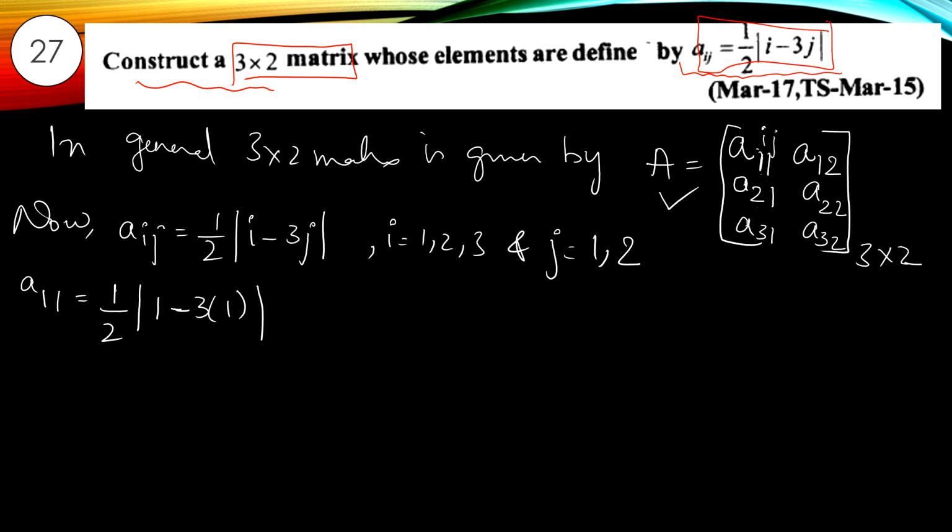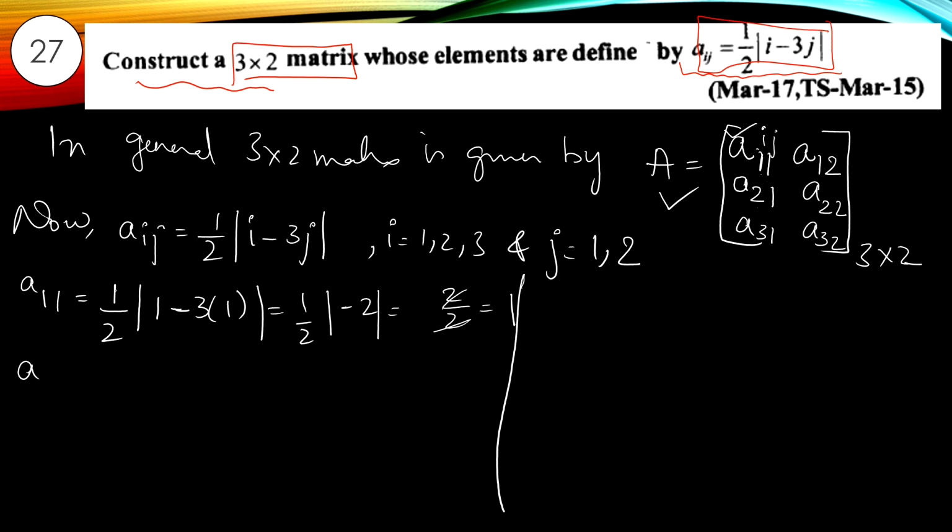So from this you will get half modulus of 1 minus 3, which is minus 2, but inside the determinant the negative becomes positive, right? So 2 by 2, finally it's 1. So now A11 is done.